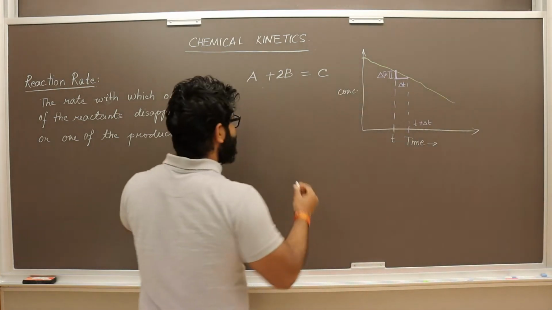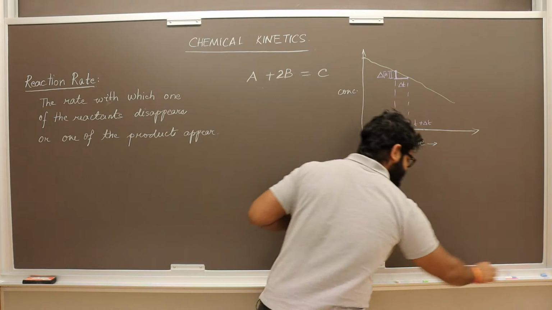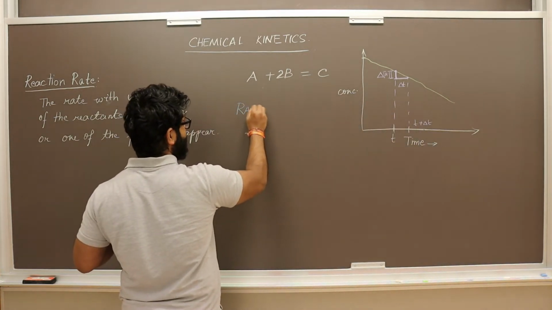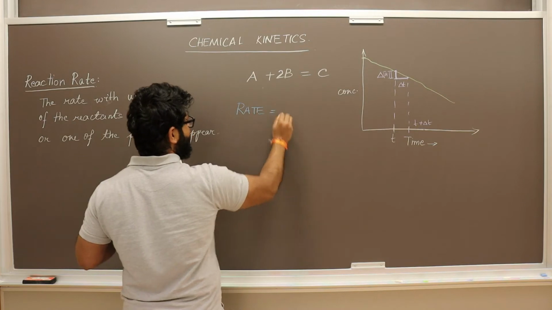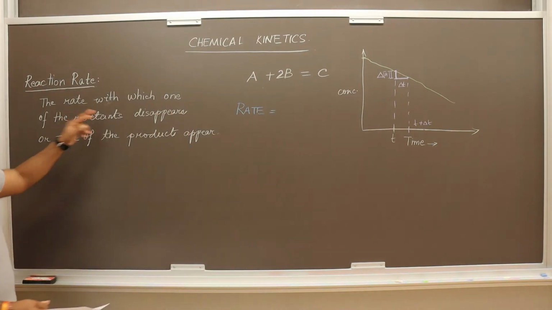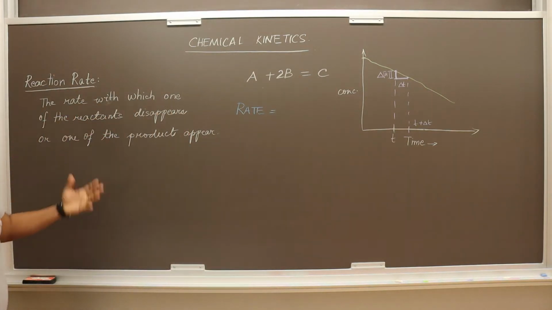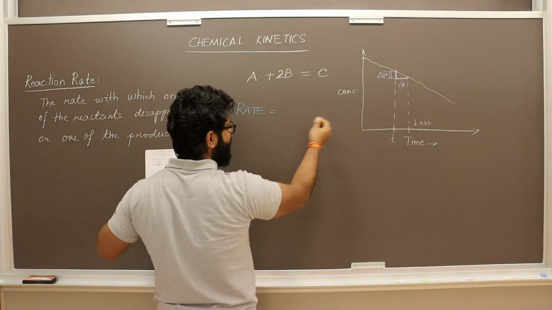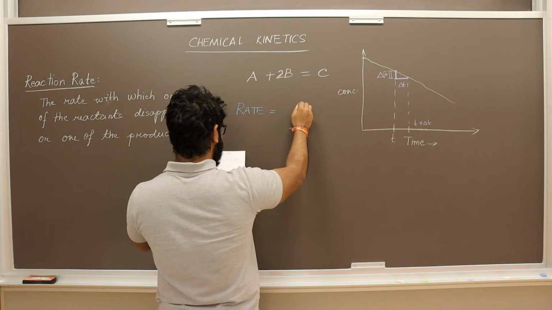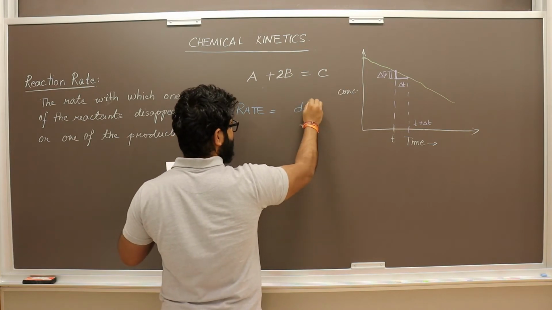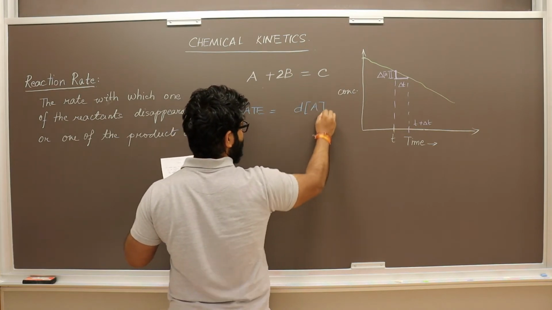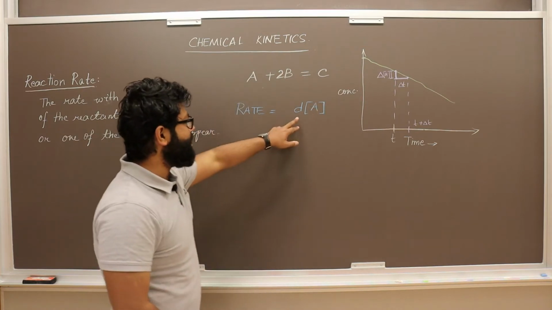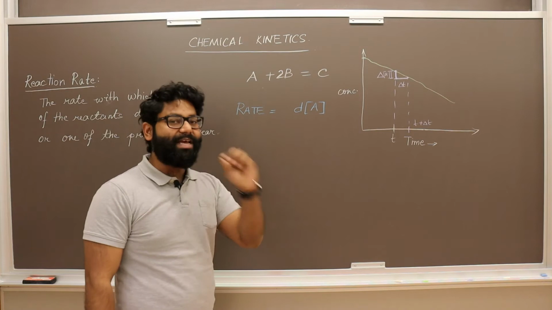So the rate of this particular reaction can be written as the rate with which one of the reactants is disappearing. So what is the rate with which the concentration of A is disappearing? How do you find out? You basically take the change in the concentration of A. I am using d to signify that the change is very small.